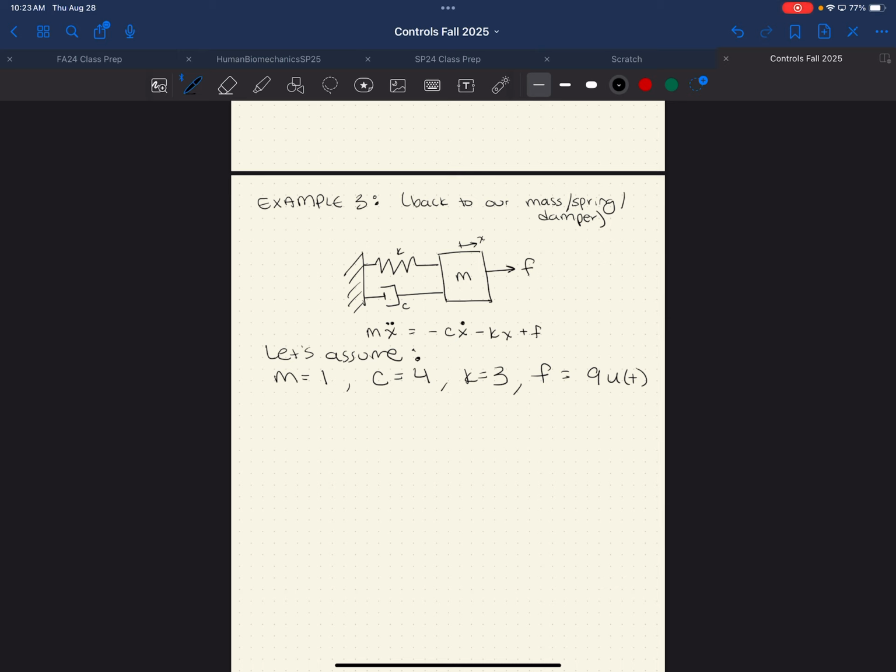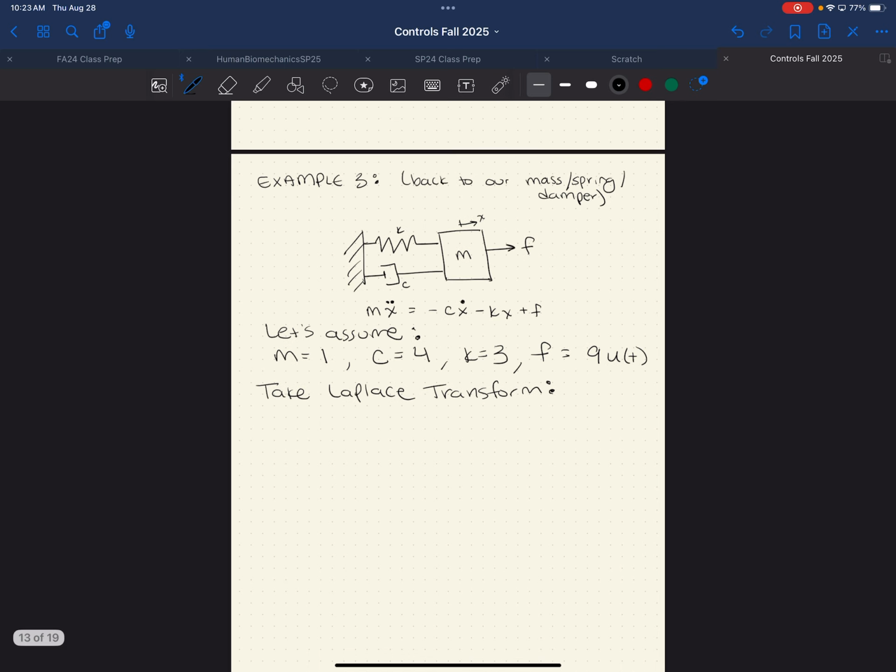Okay, so let's take the Laplace transform. If I take the Laplace transform, I will want to take the Laplace transform of, m is 1, right, that's why, x double dot equals minus 4 x dot minus 3x plus 9 u of t.